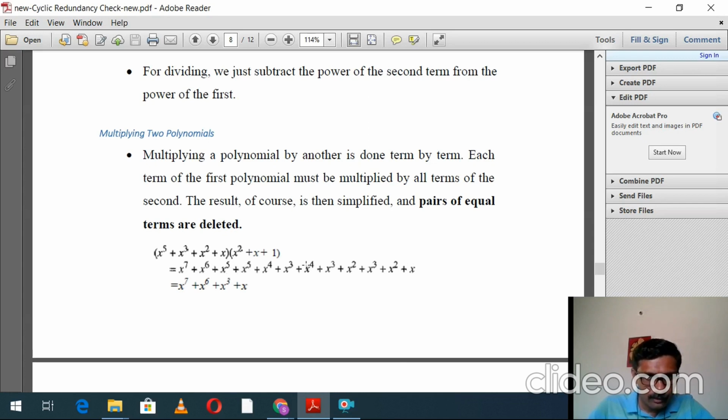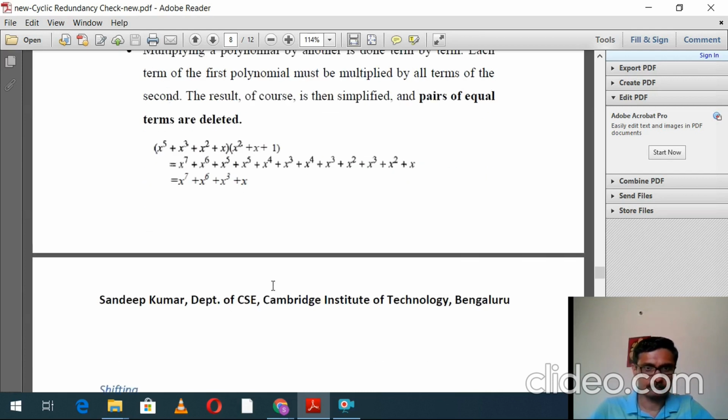Similarly, x power 4 also is there in 2 places, it is deleted. x power 3 is there in 3 places, so one pair is deleted, retaining the third one, that is this one, and you have x. So this is an example for multiplying.